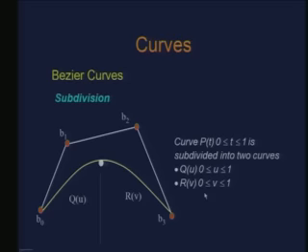Basically, I am trying to divide this curve into Q u and R v. That is what the problem is. Any suggestions?